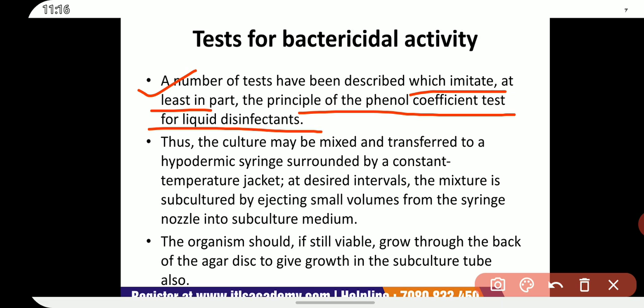A culture of the test organism is mixed intimately with the semi-solid preparation, and the mixture is subcultured by means of a loop into a suitable broth designed to disperse the base and neutralize the antibacterial activity of the medicament.